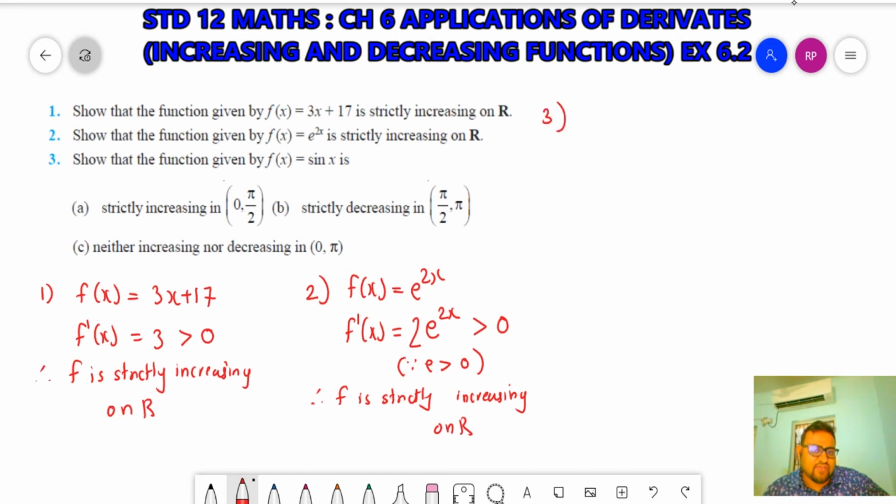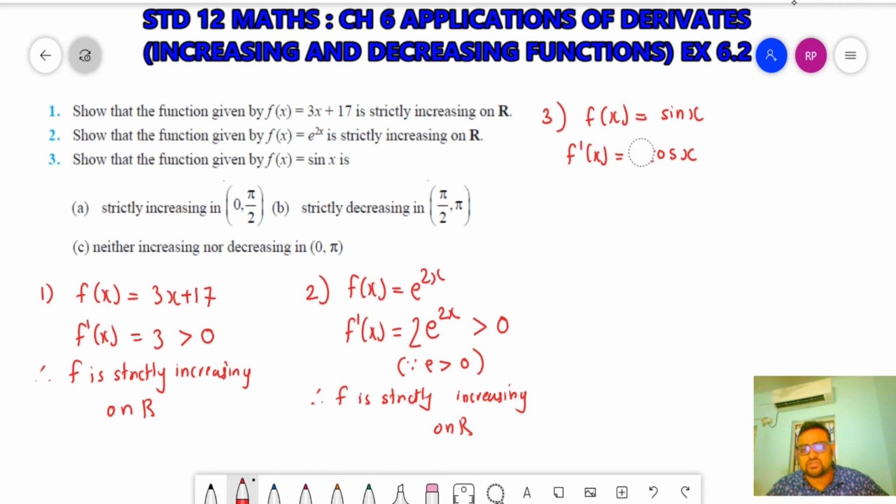Okay, now question number three. You have to show that f(x) is equal to sin x is (a) strictly increasing on 0 to pi by 2, (b) strictly decreasing in pi by 2 to pi, and (c) neither increasing nor decreasing in 0 to pi. So now see, f(x) is equal to sin x. What is f dash x? f dash x will be equal to the derivative of sin x, which is minus cos x.